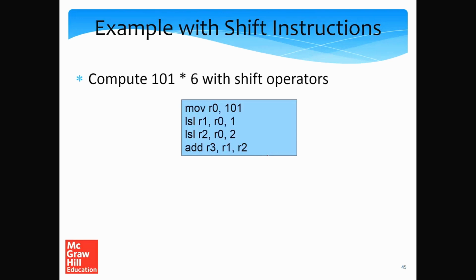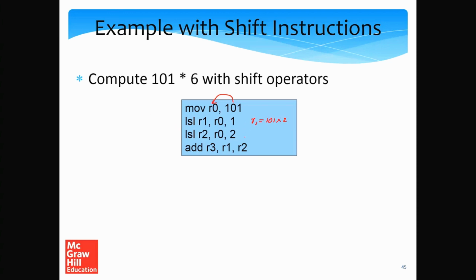So let's give some neat examples with shift based instructions. Let's assume we want to compute 101 multiplied with 6 with just shift based operators. So the first task is register assignment. So we move 101 to register R0. So we shift R0 by 1 position, which is essentially R1 is equal to 101 multiplied with 2, because we are shifting it by 1 position.